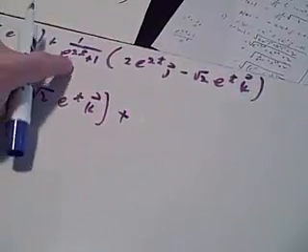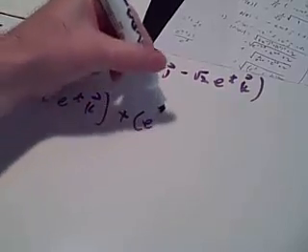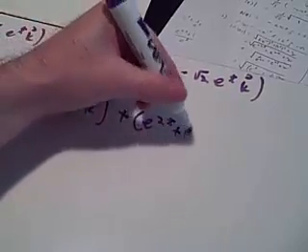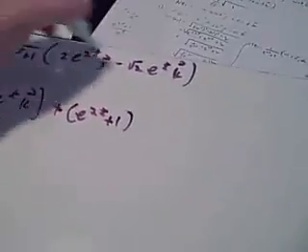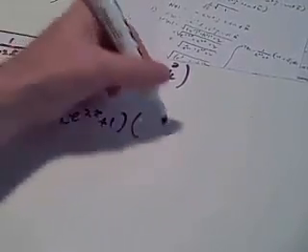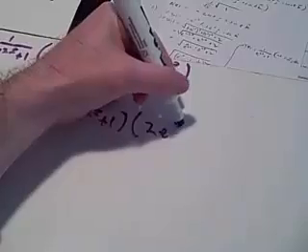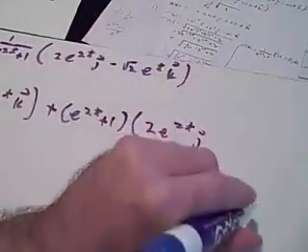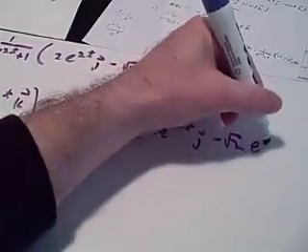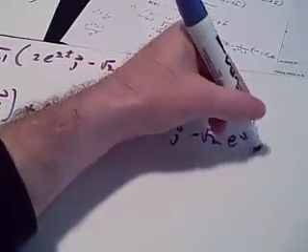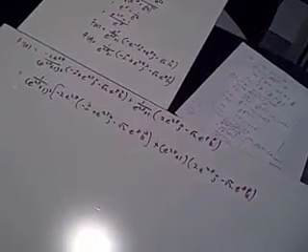And then from this, what will be left is e to the 2t plus 1 times the vector e to the 2t j minus root 2 e to the t k. So that when the smoke clears, that's what I have.